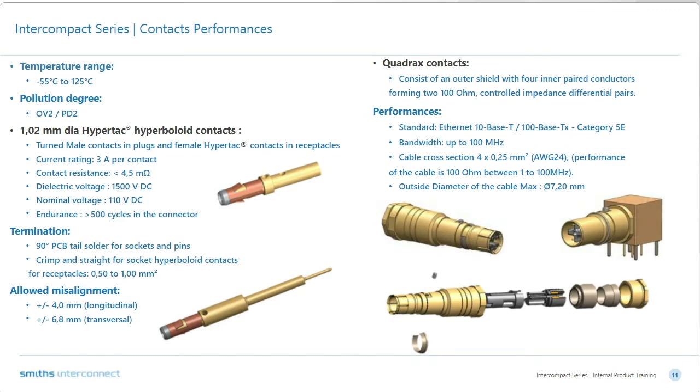Now, one other aspect that we have managed to capture in the design is the practicality of trying to mate this connector, because as you can imagine, this is quite a compact connector with really small diameter contacts. So a perfectly conceivable use case is when you're trying to connect the two halves of the connector.